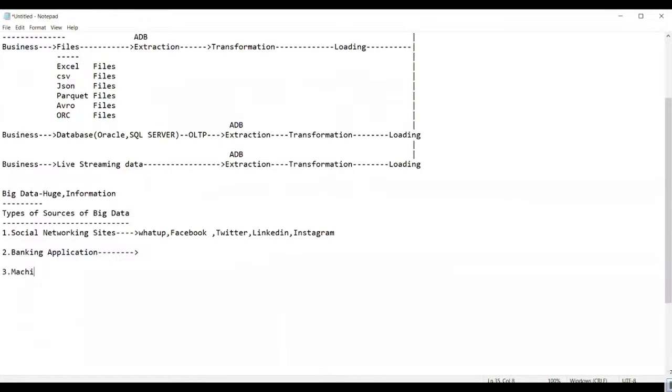Then we can also get data from machine generated data. What do you mean by machine generated data, guys? The data which is generated by a machine. Suppose you have a CT scan machine, an MRI machine, or even ECG machines.